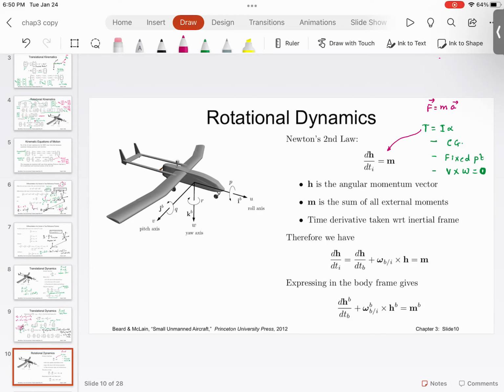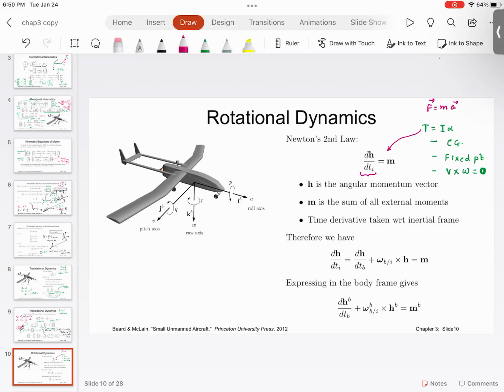Now, please understand, just like the linear momentum is mass multiplied by velocity, angular momentum is mass moment of inertia multiplied by angular velocity. That is also a vector. So here we have to take the derivative of a vector.